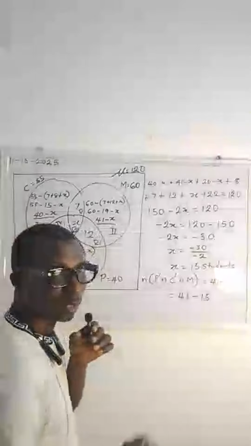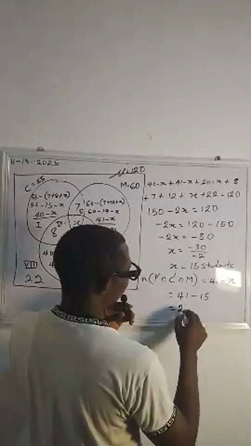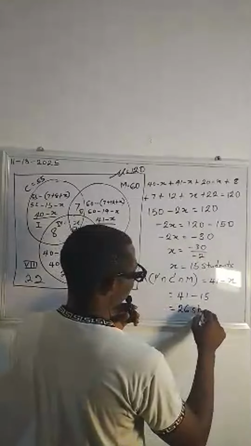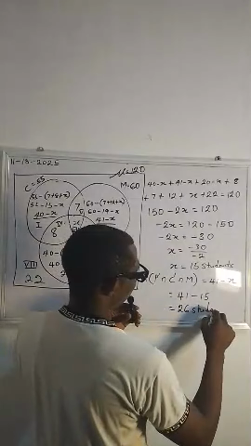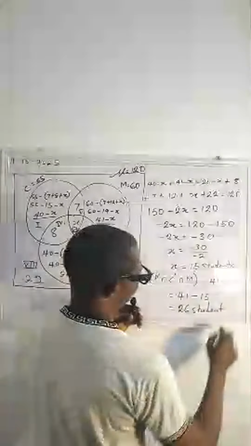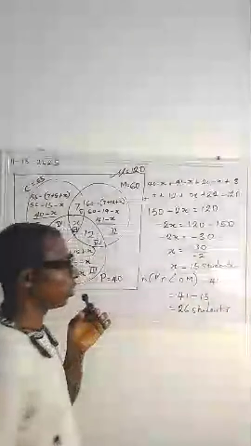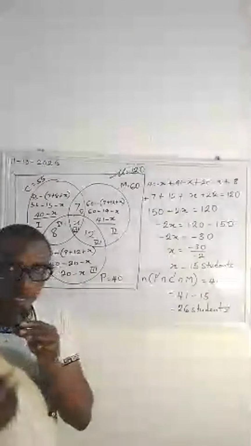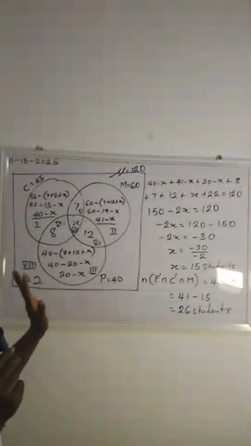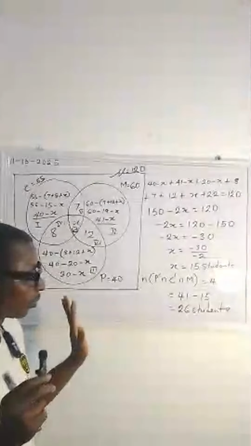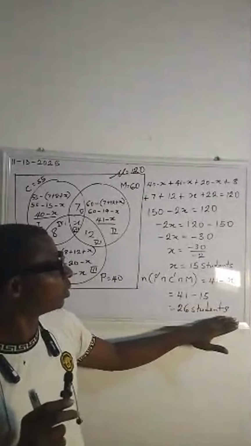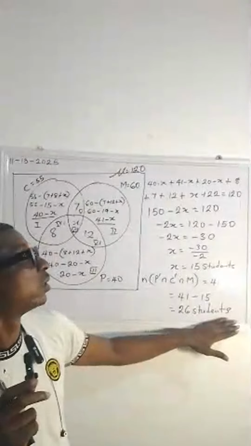When you subtract, what do you have? You have 26 students. So this is the number of those that study only mathematics. All right, so that is what the question requires from us.